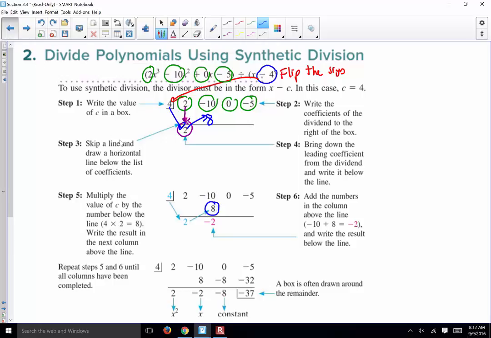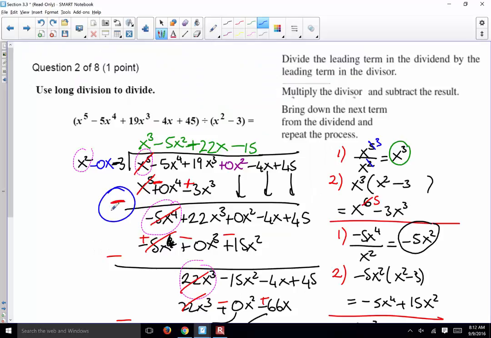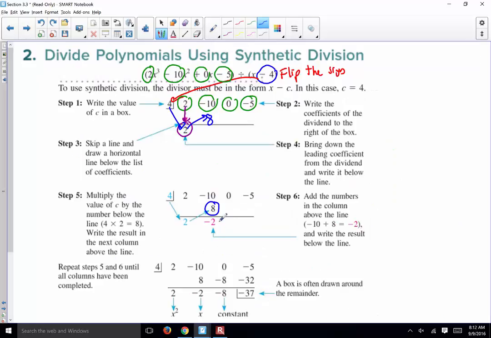We used to do subtraction in long division. Here though, it's just basic addition. We add these two. Don't flip signs or anything. We already flipped the sign here, remember? So it kind of compensates for that. So you don't flip signs here, only add. -10 plus 8 is -2.